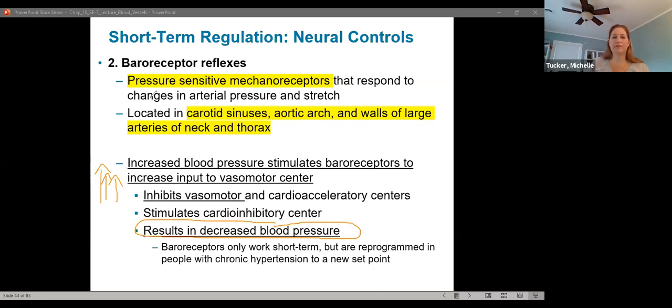When baroreceptors are stimulated, they increase the rate of firing to these centers that are in the medulla oblongata. Then the medulla oblongata is going to tell the vasomotor fibers to decrease their firing rate and vasodilate and decrease blood pressure.